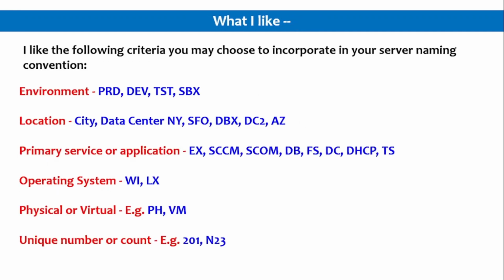What I like are the following criteria, which you may choose to incorporate in your server naming convention. For example, environment, then location, primary application or any service installed on the server, operating system, whether it is a physical or a virtual machine, and of course a unique number for count.